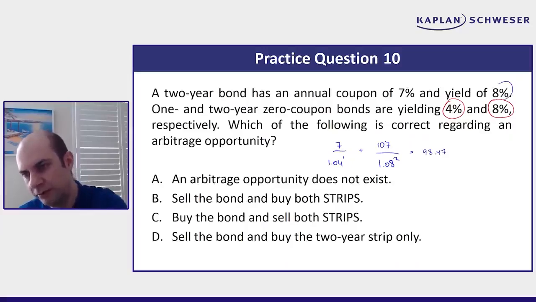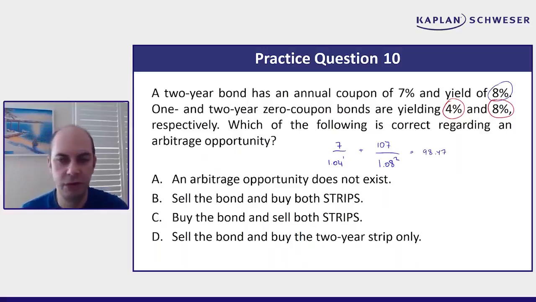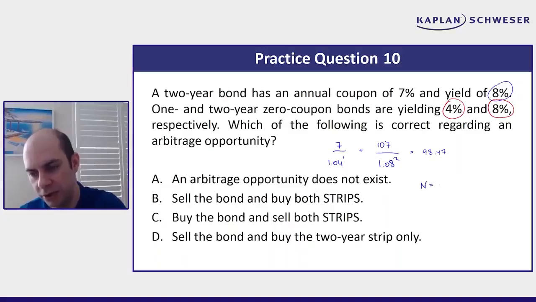Now I'm also given the yield of the bond. So the yield is based on the actual market price of the bond, and this is going to be a TVM computation. So you've got 2 years to maturity. The yield is 8, the payment is 7, and the future value is 100.